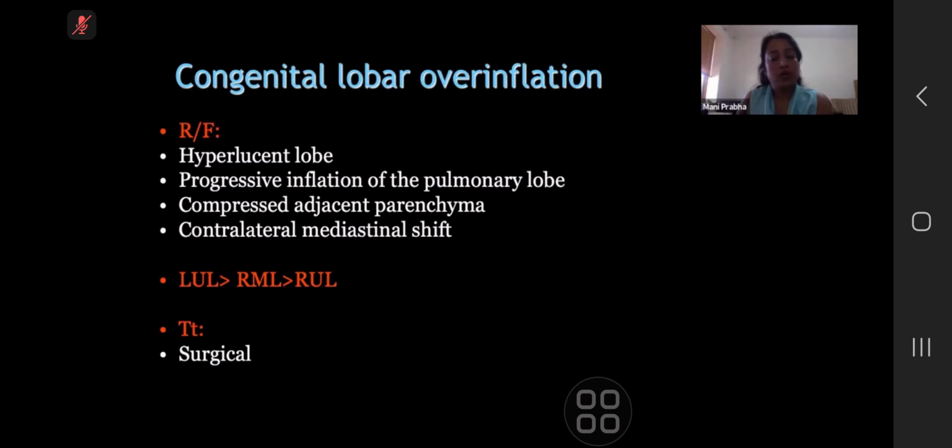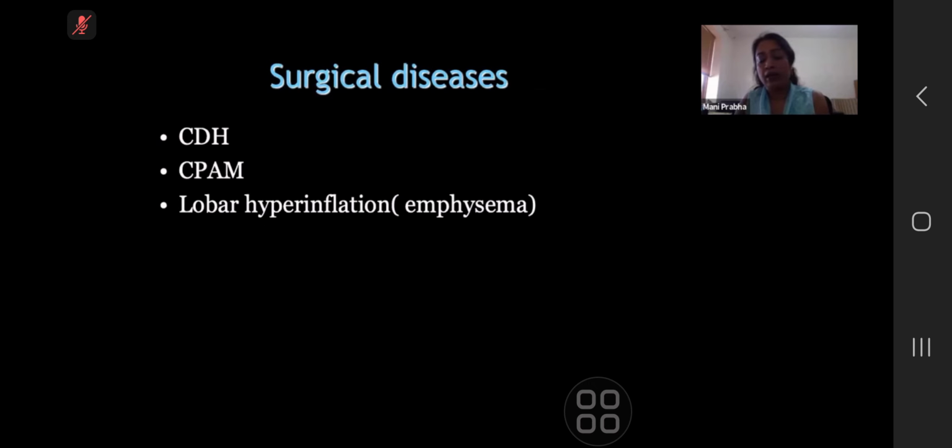The lobes involved in lobar emphysema are the left upper lobe most commonly, then the right middle lobe and right upper lobe. The treatment is surgical, so they remove the entire lobe. These cases are also being picked up antenatally nowadays, and then they do an MRI scan and we are aware of the findings.